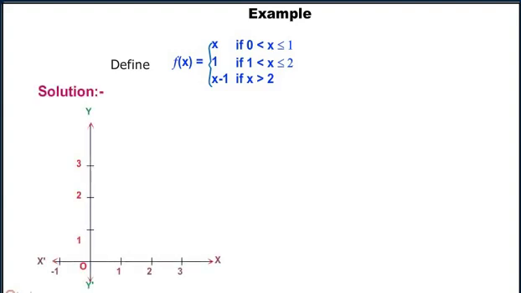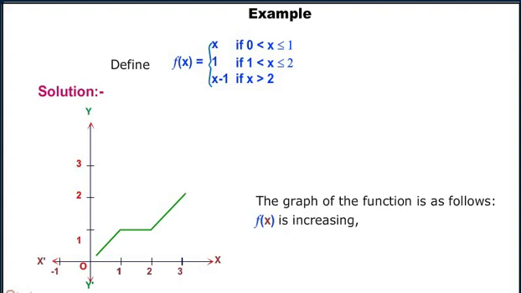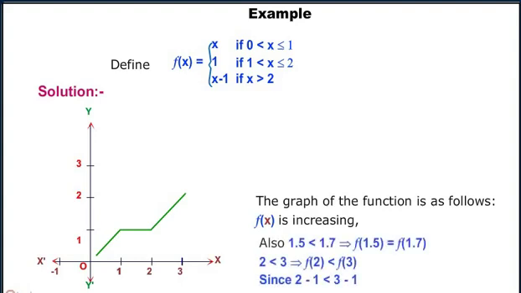The solution: the graph of the function is drawn and we can clearly see that as 1.5 is less than 1.7, f(1.5) is equal to f(1.7), and for 2 less than 3, f(2) is less than f(3). So f(x) is an increasing function.